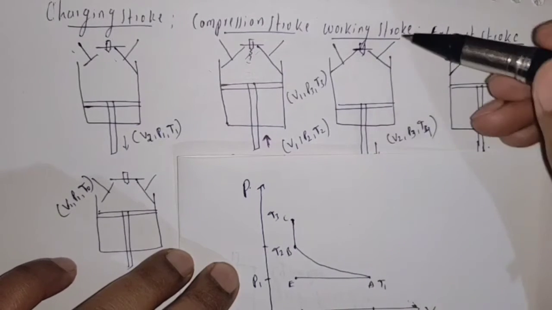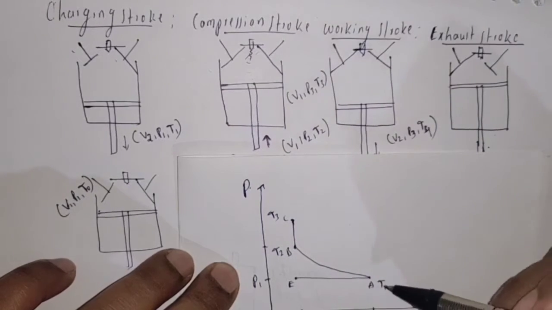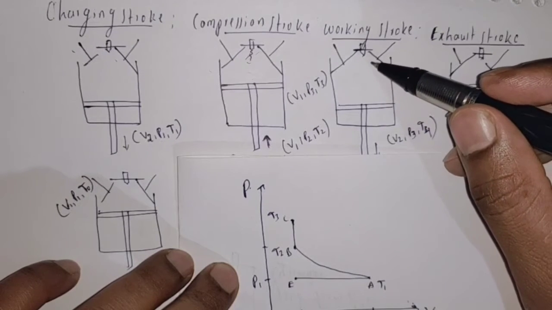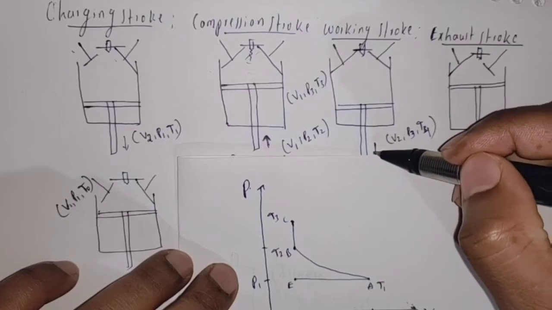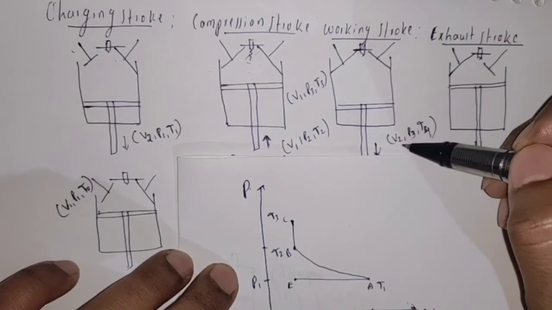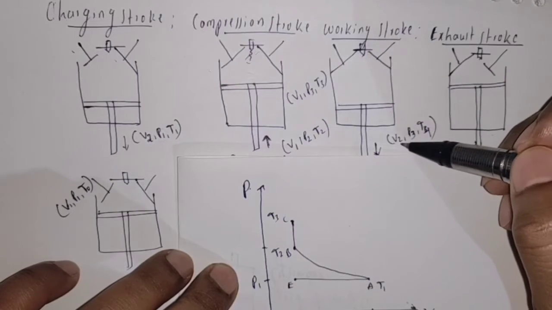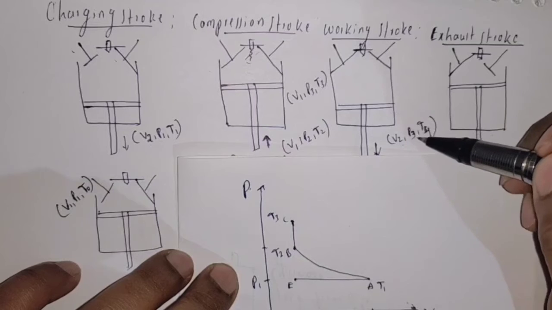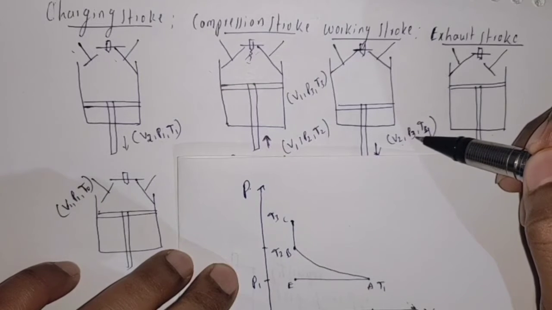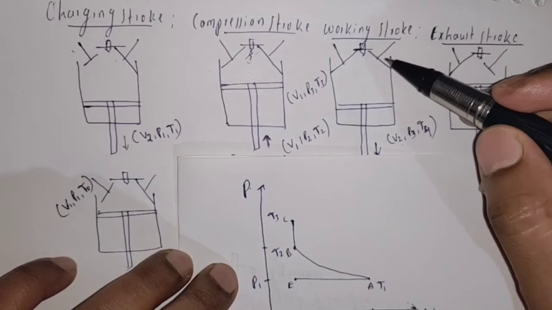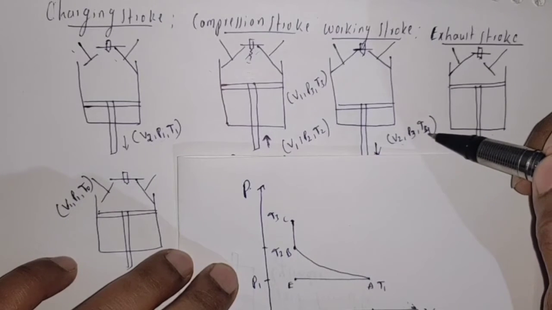Okay, this is about the compression stroke. Now let us represent the working stroke in the PV diagram. In the working stroke, the piston moves in the downward direction and there is an increase in volume, which we take as V2, and also a decrease in pressure, which we take as P3, and a decrease in temperature.